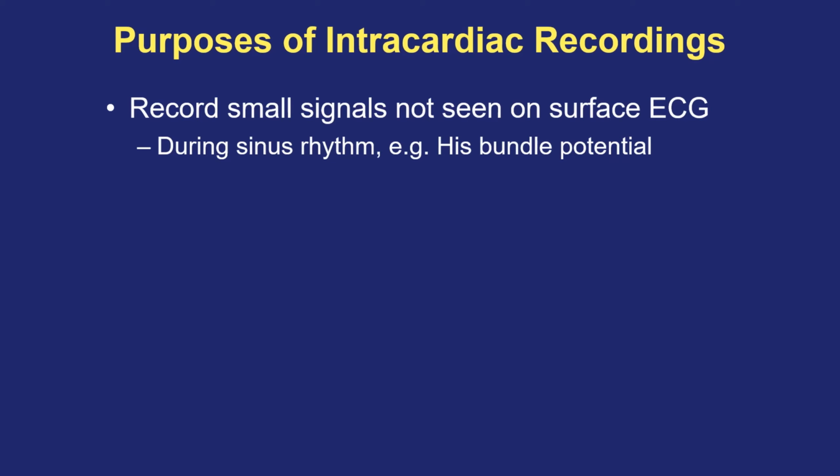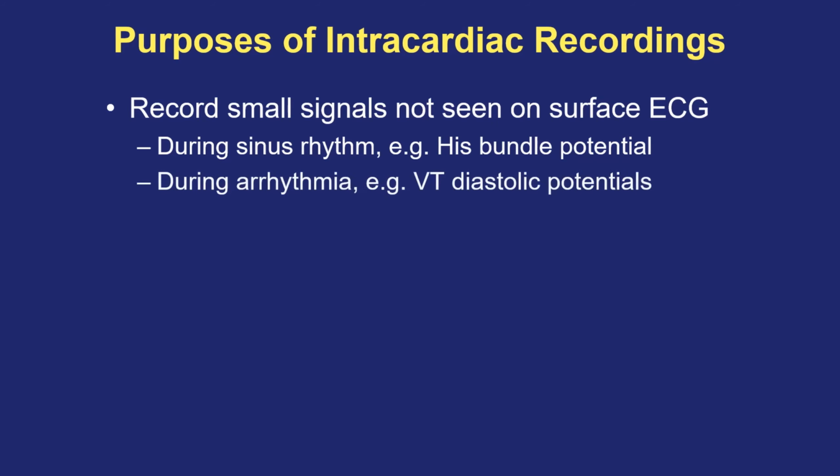But because the mass of myocardium being depolarized is so small, it can't possibly generate a signal on the surface EKG, so it's invisible. Similarly, during an arrhythmia such as ventricular tachycardia, you see the surface QRS complexes that reflect the bulk of the myocardium being depolarized, but something has to be happening between the QRSs if it's a reentrant rhythm.